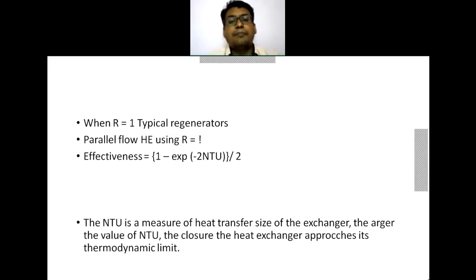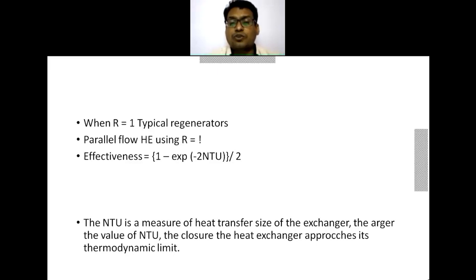And there can be the case too of regenerators, where R is equal to 1. For the parallel flow heat exchanger with R equal to 1, the effectiveness equation reduces to 1 minus e raised to minus 2 NTU, upon 2. So this NTU is a measure of the heat transfer size of the exchanger.